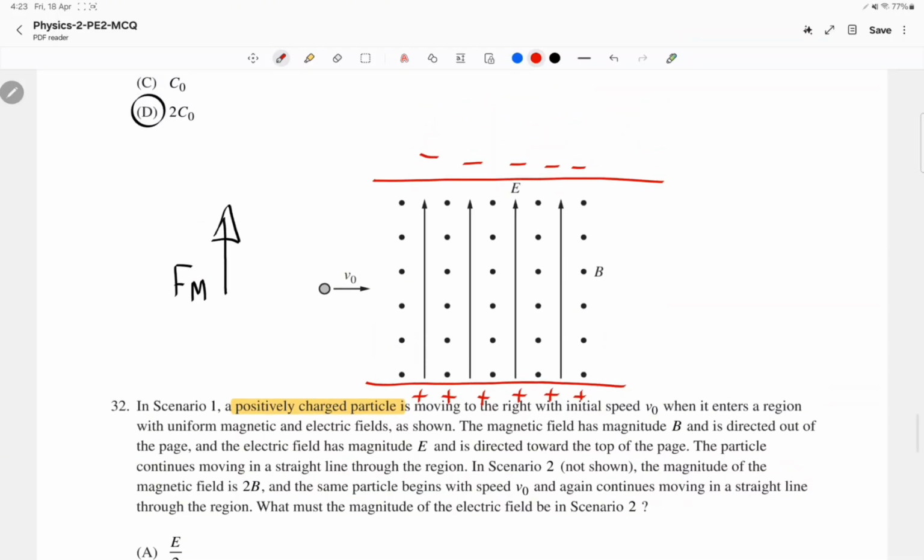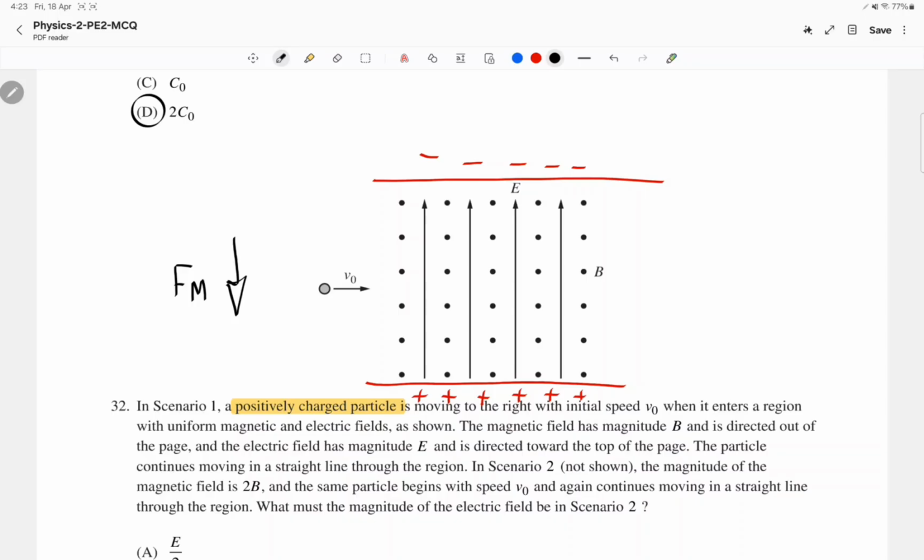Sorry, I meant that the thumb has to point down. Yeah. So magnetic force, right-hand rule. So the charge is pointing right, the field out of the page, the force pointing down.